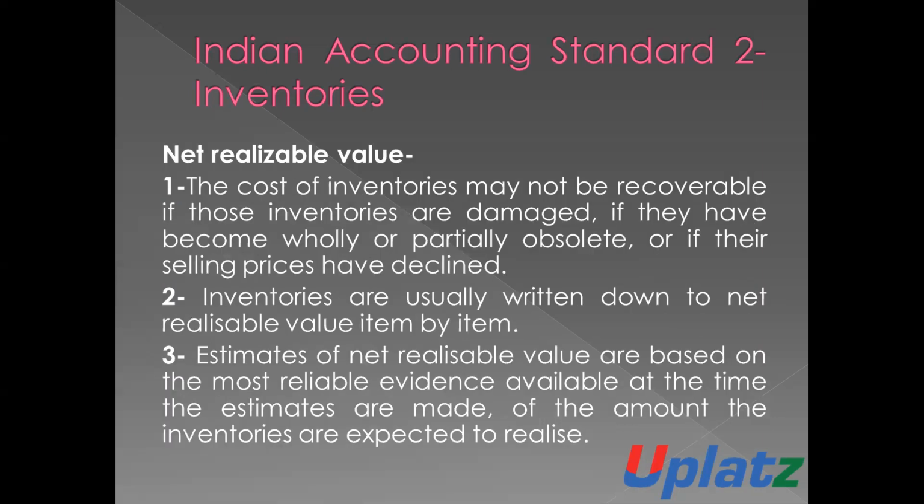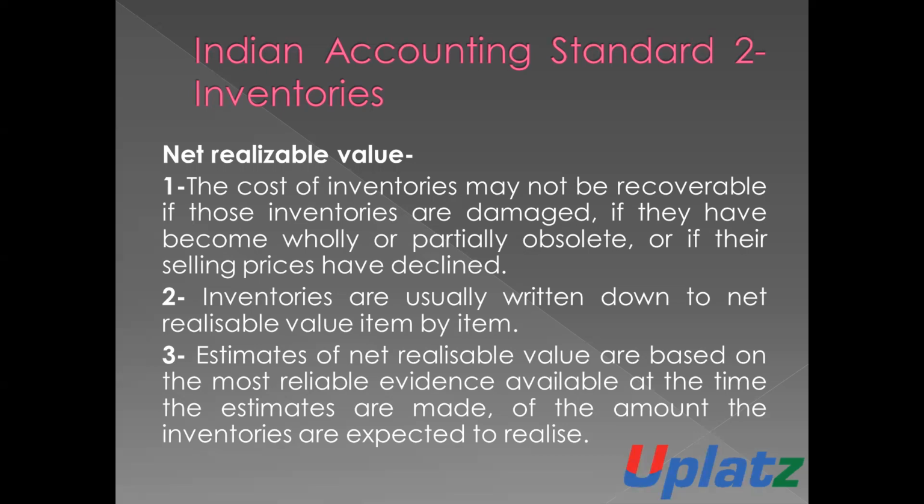Net realizable value. The cost of inventory may not be recoverable if the inventories are damaged, if they have become wholly or partially obsolete, or if their selling price has declined.